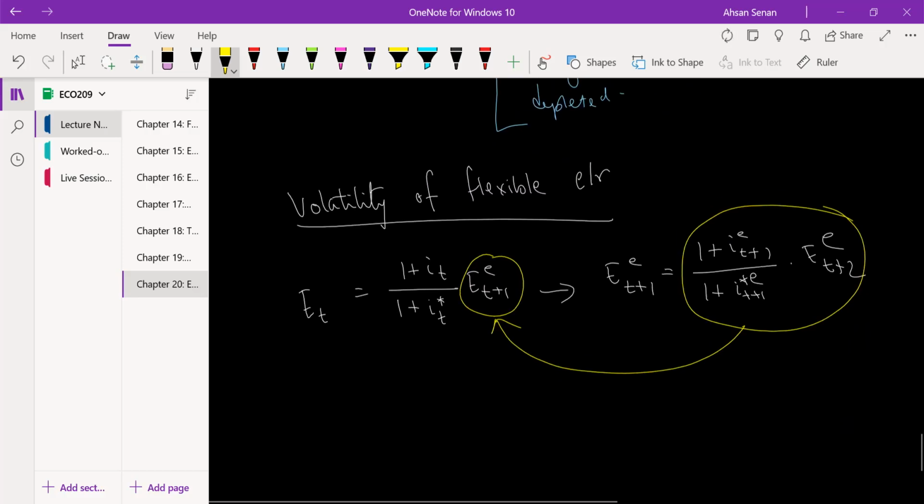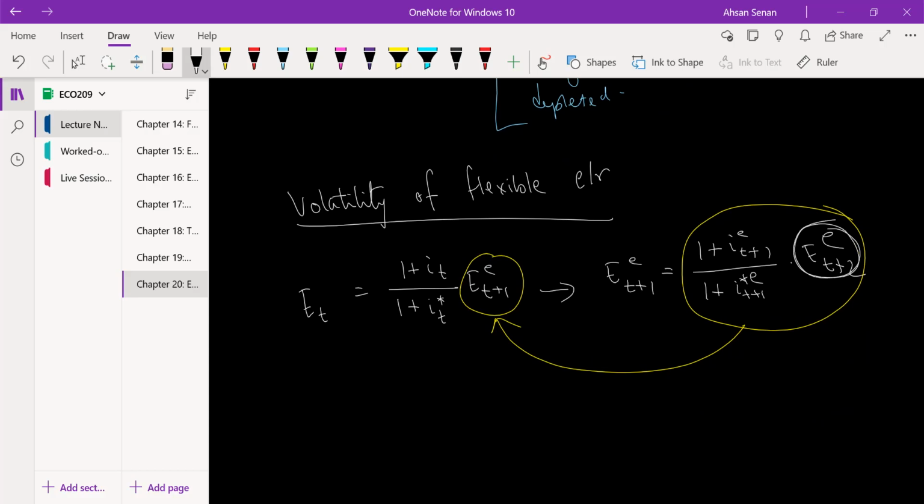But we can go further. We can go further. Suppose we want to find the value of this. So what is the value of E_{t+2}? So that is nothing but (1 + i_{t+2}) expectation, times E_{t+3} expectation.